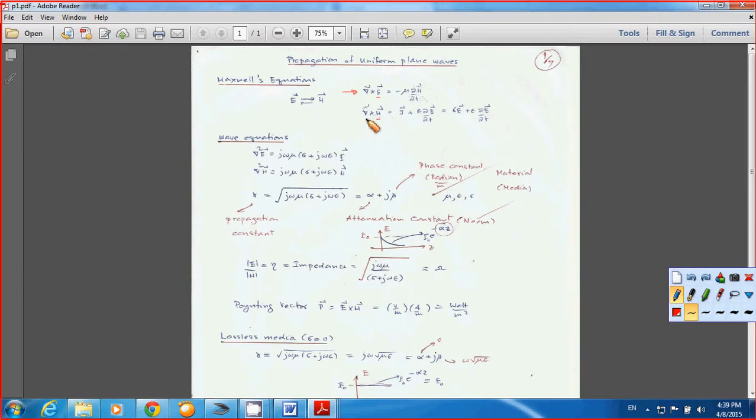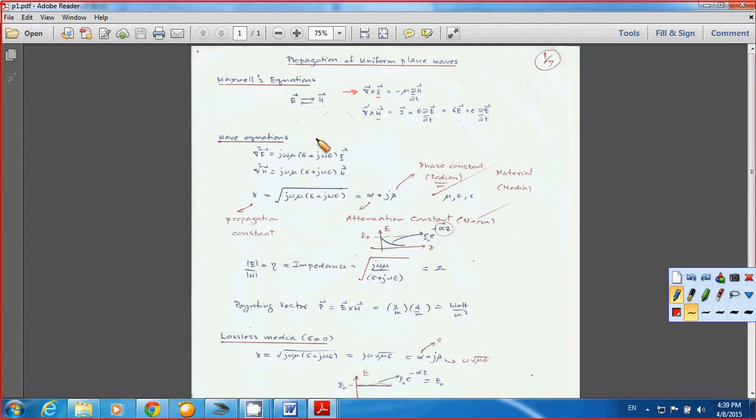And also curl H equals J, which is the current density, plus epsilon times the partial derivative of the electric field with respect to time, and epsilon is the permittivity of materials, which tells you the electrical property. You can also represent J by sigma E, where sigma is the conductivity of the material.